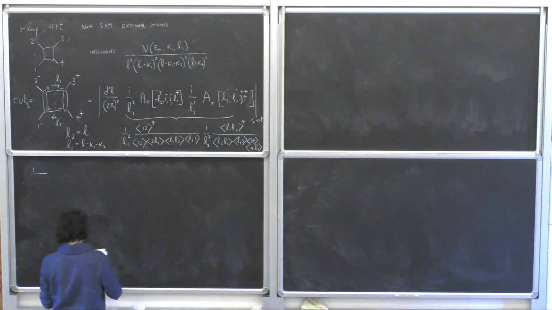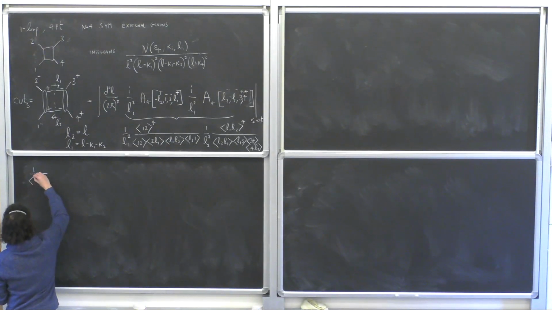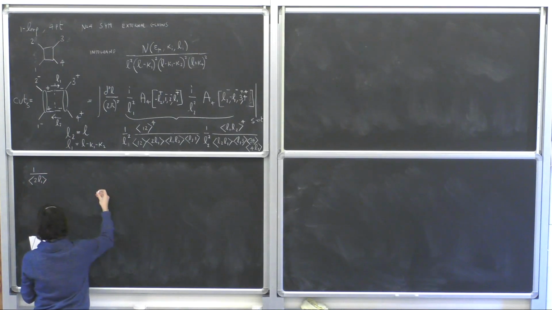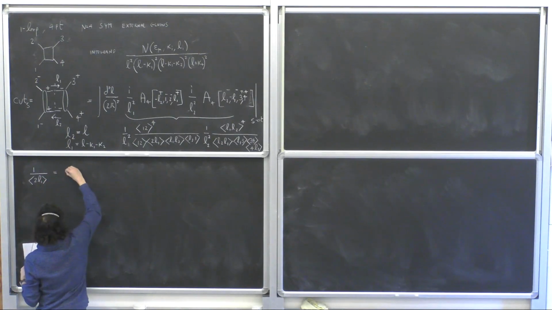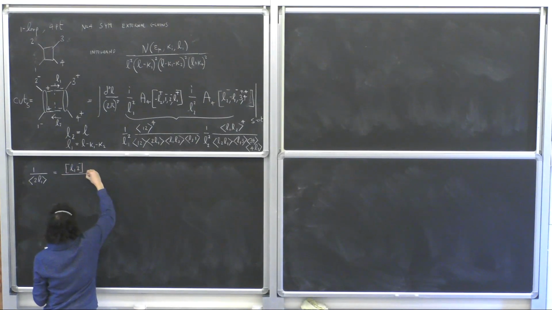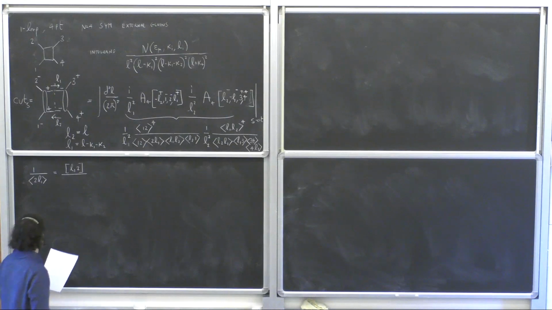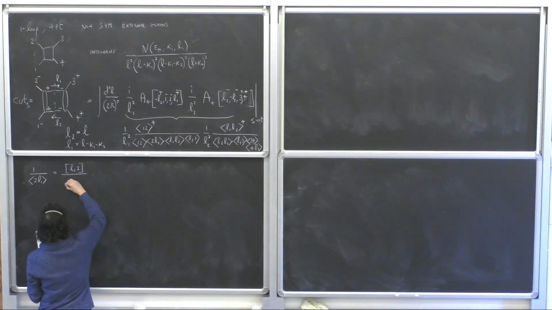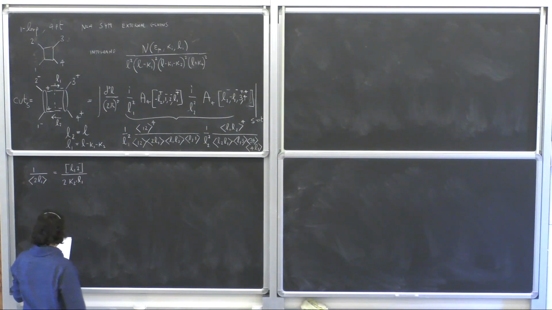The clever manipulation is that we have here 2 L1, and this is almost immediately related to something which has the square brackets on the numerator, and this will be 2 K2 dot L1 using my notations.